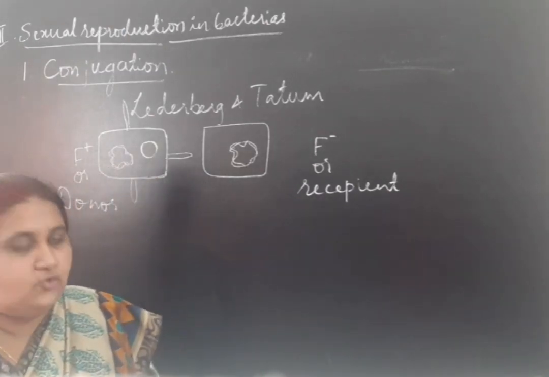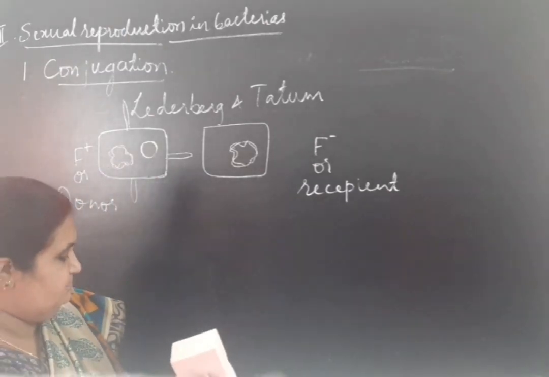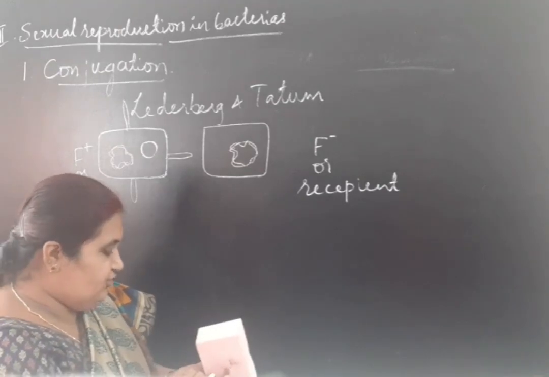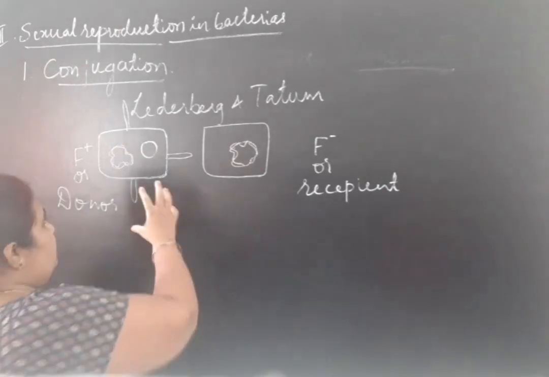So when it comes close to the F plus bacterium, the F minus or recipient bacterium comes closest.